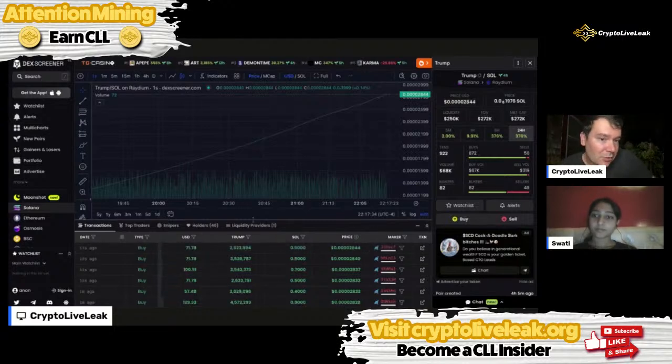When did they first buy the token? How long have they held it for? What other tokens does that wallet address hold? Maybe you discover a network of scammers that have launched 1,000 different meme coins in the past day or two or week or month, right? So you can do more information looking at the block explorer.